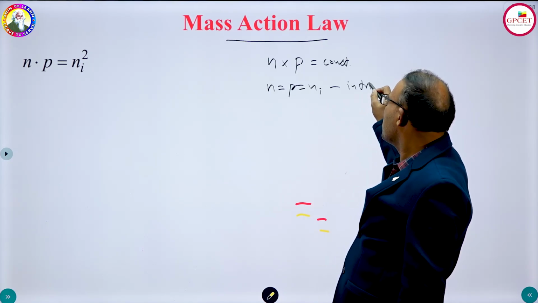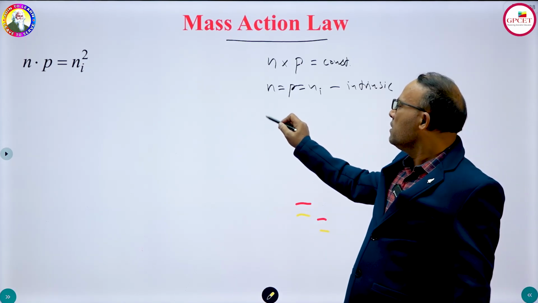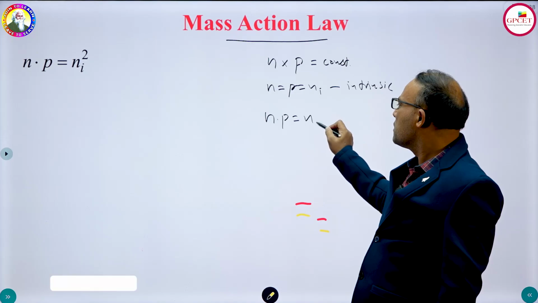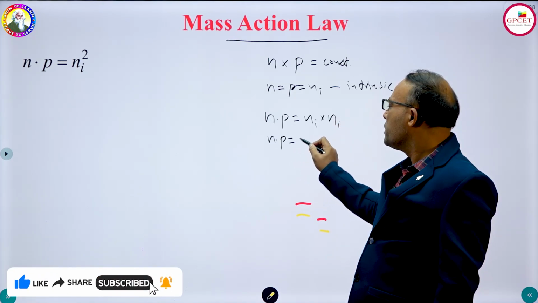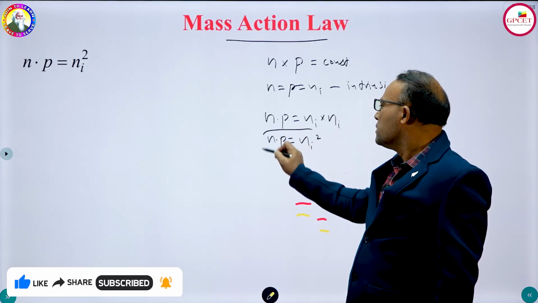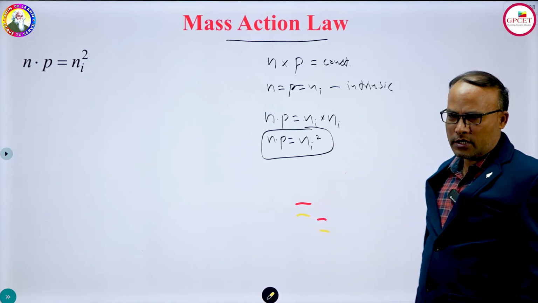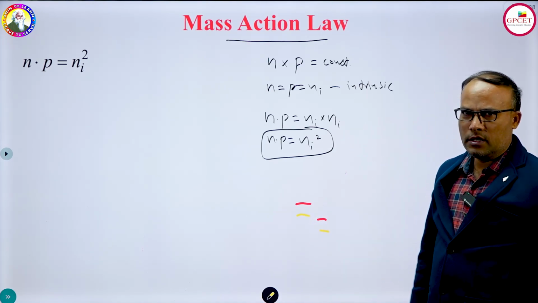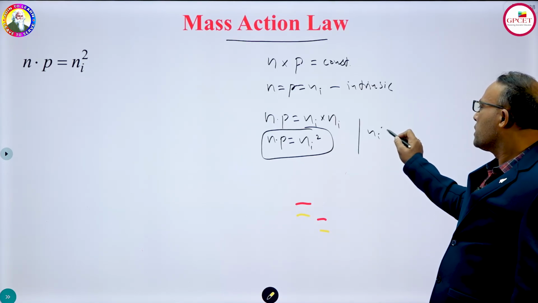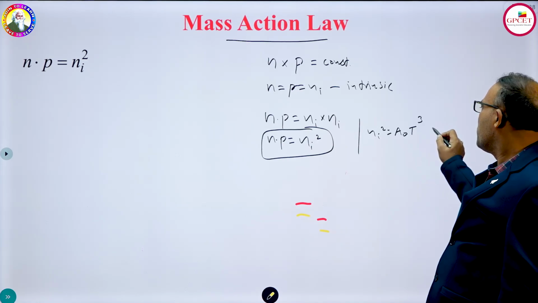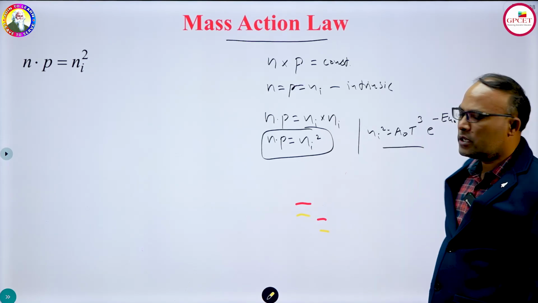So n into p is ni into ni, therefore n into p is equal to ni square. This is called the intrinsic concentration, where ni square is equal to A naught T cube e power minus Eg naught by kT, and it depends directly on temperature T.